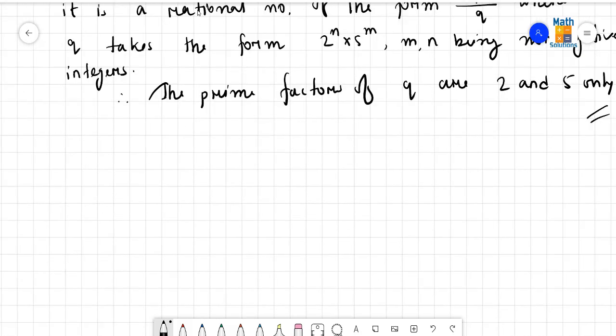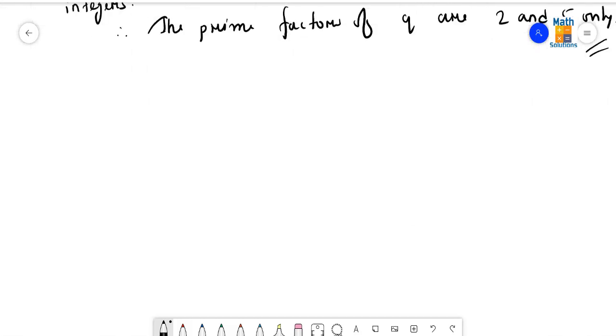Next, this is Roman 2. I mean the second question of number 3. So here in this case, the expression is like this: 0.120, then after 1200, then 12000, then after 120000, and it just goes on.